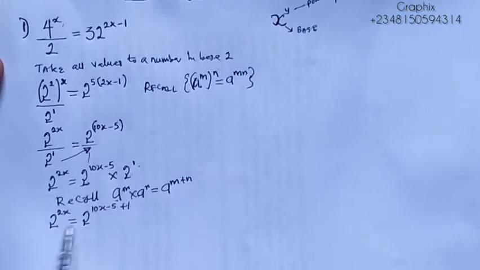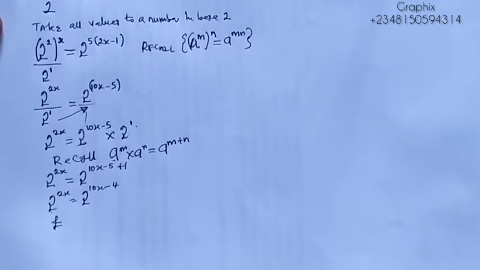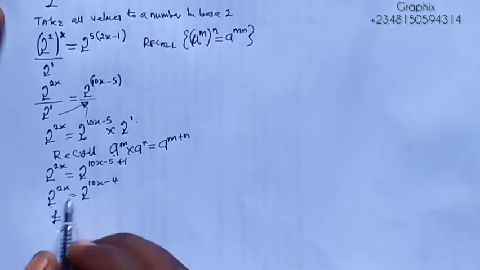So now if you look at this very well, I can say 2 raised to the power of 2x equals 2 raised to the power of 10x minus 5 plus 1, which gives minus 4. Now if you look at these two, they have equal base.